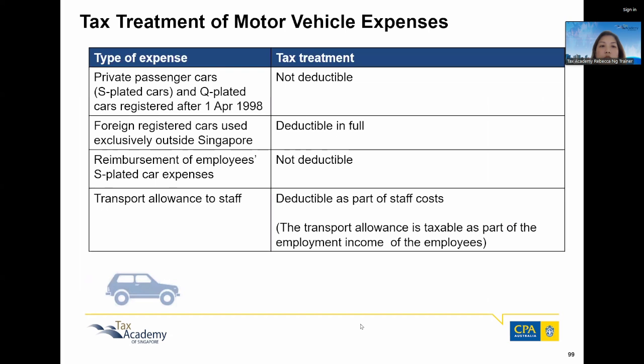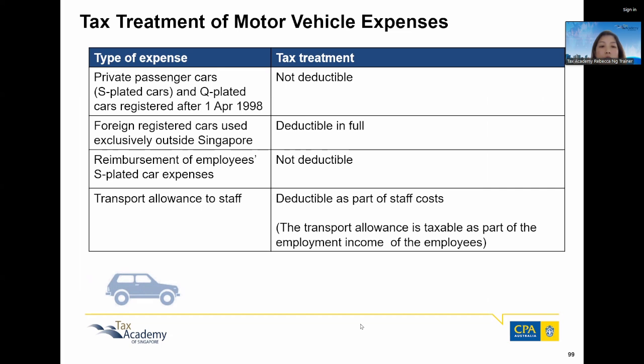Okay, then tax treatment of private motor vehicles. We have listed down the types of expenditure, like private S-plated car. Q-plated car that is registered after 1st April is not allowable for deduction, and foreign registered car used exclusively outside Singapore is deductible. And reimbursement of employees' S-plated car is not deductible.